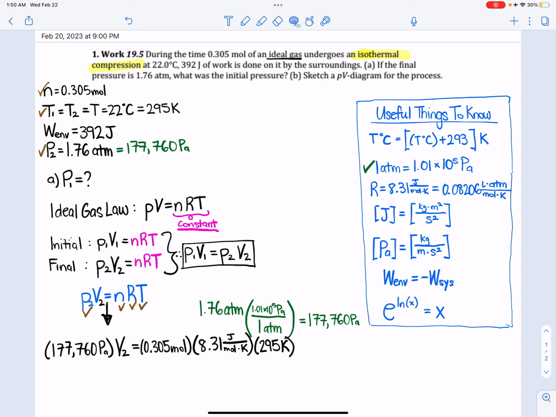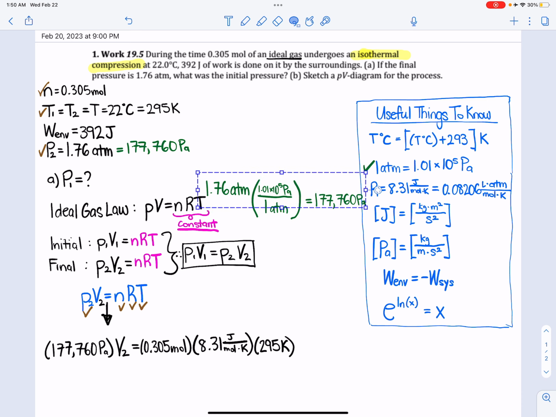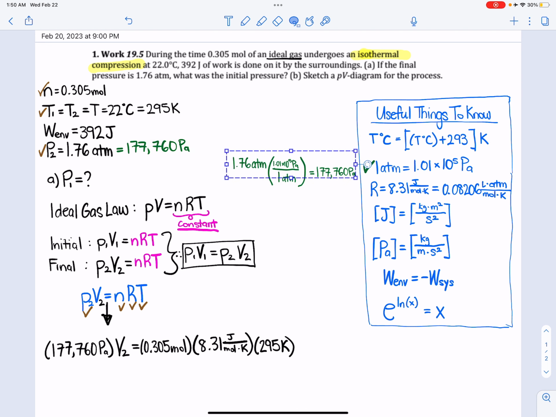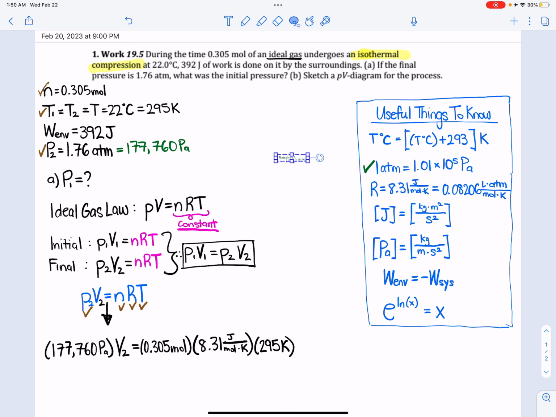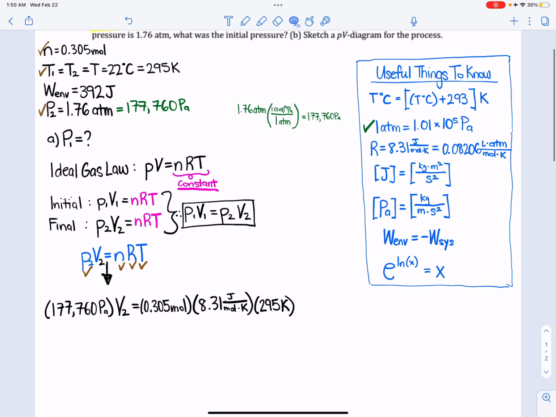I'm going to move this guy here. I just basically converted my pressure in ATM to pascals, to pressure in pascals, right? Okay, so now I can solve for my V2, or my volume at the final state.